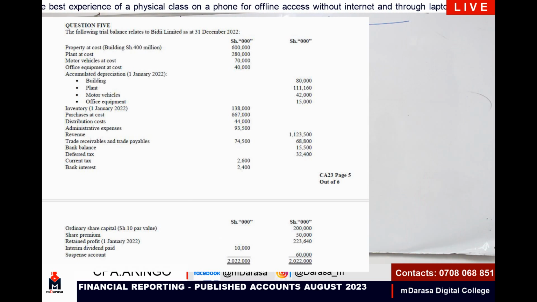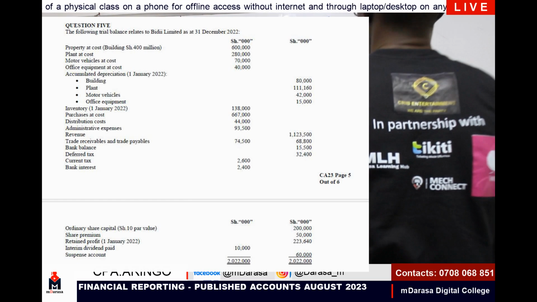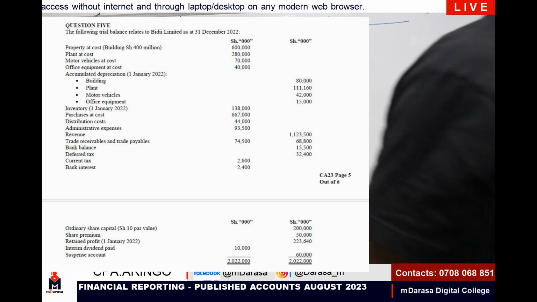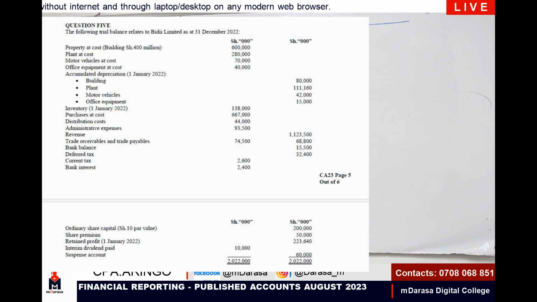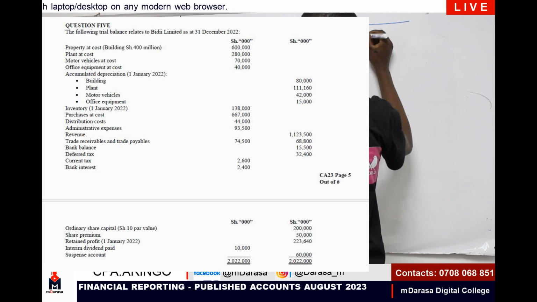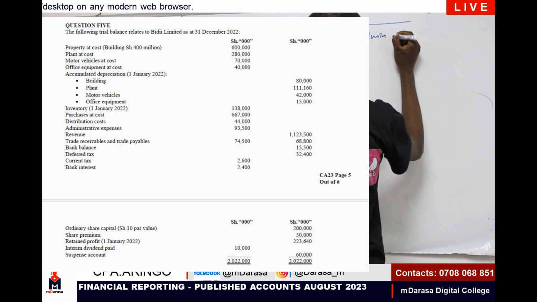We have the other items: I'm having distribution cost, and administrative expenses.